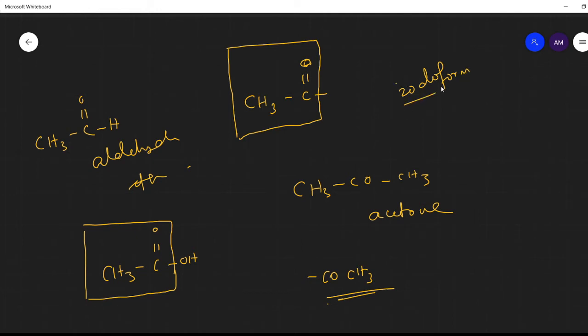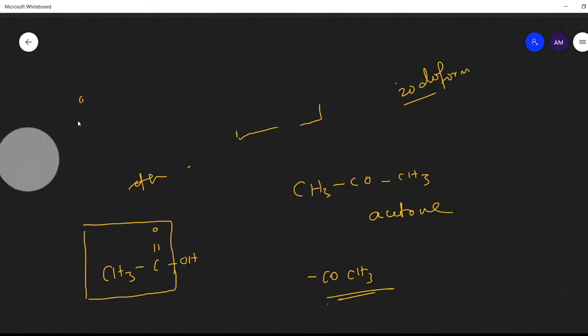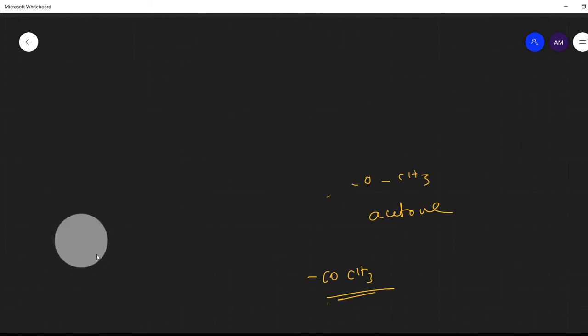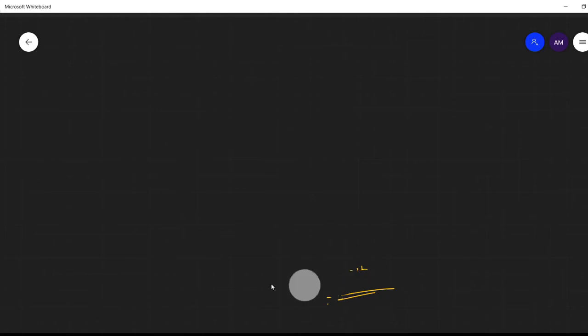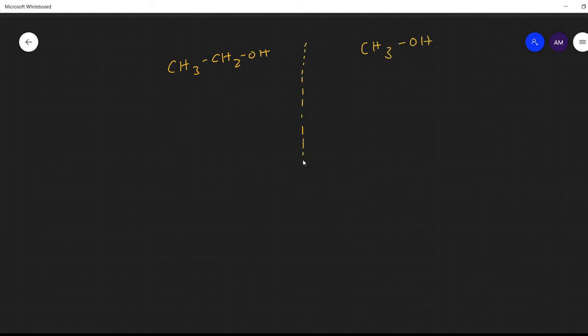Right? Now another interesting fact: sometimes you get a question and many students get confused, so I would like to clear it here. If it is given to distinguish between ethanol and methanol, you see that you don't have the CH3CO group anywhere attached.